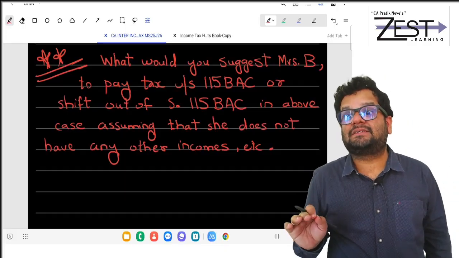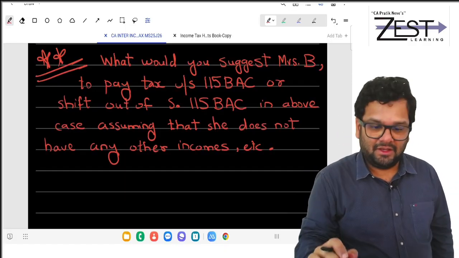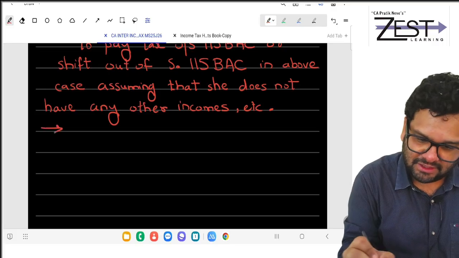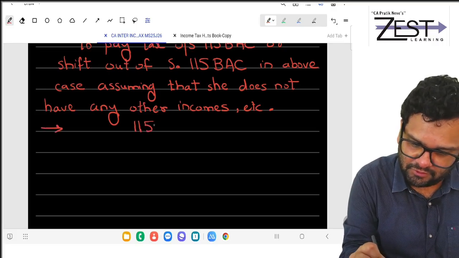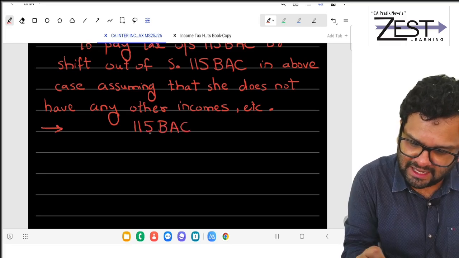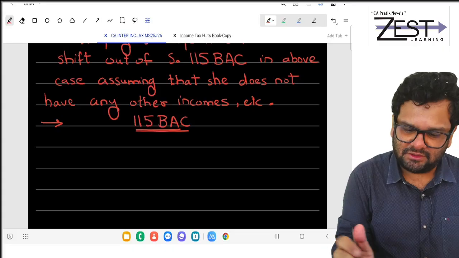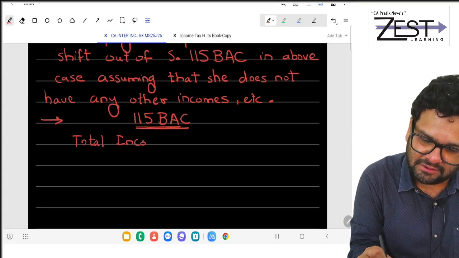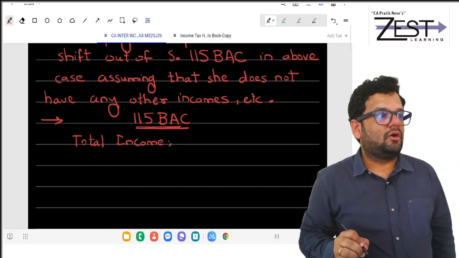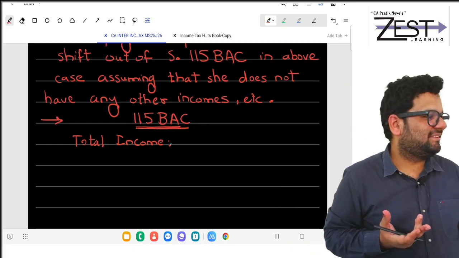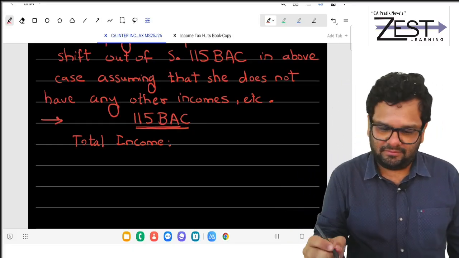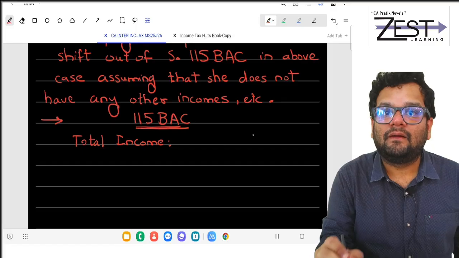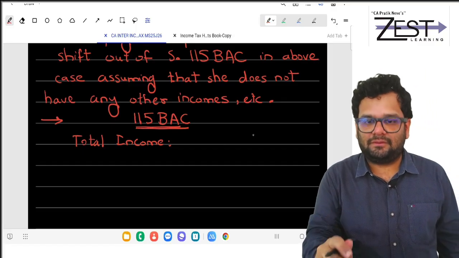Let's calculate tax in both the cases. So please understand. First I am doing 115BAC calculation. Can you tell me what is total income in 115BAC? Honestly, I don't know what is going to be decision. So tell me, what is total income? Age is not given.